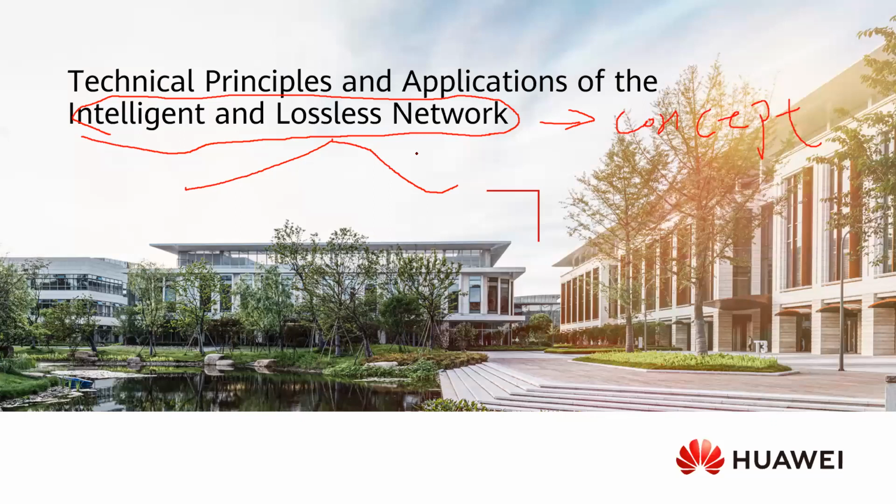For the lossless network, we will learn some technologies, PFC, ECN, and so on. But before we learn this slide, I will tell you this intelligent and lossless network is just applicable for some special scenarios, such as HPC, AI, and storage.